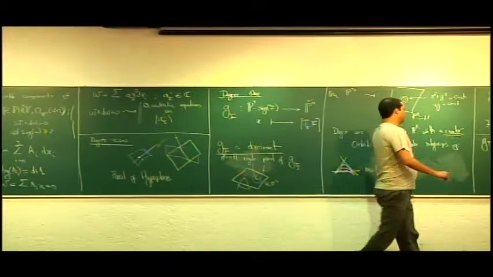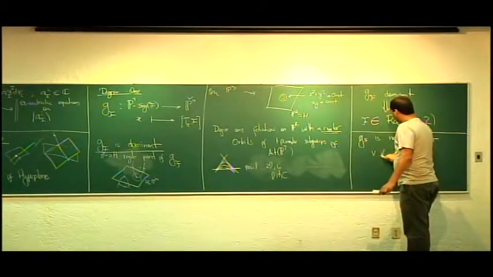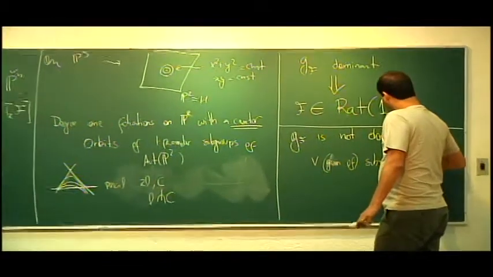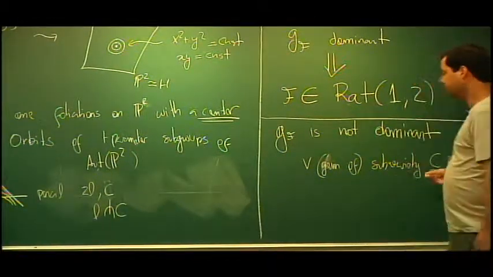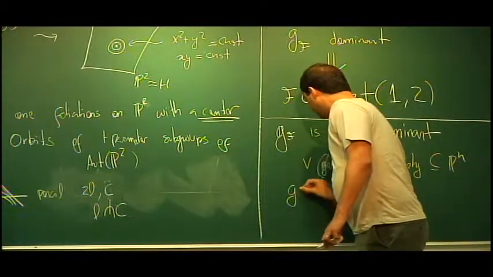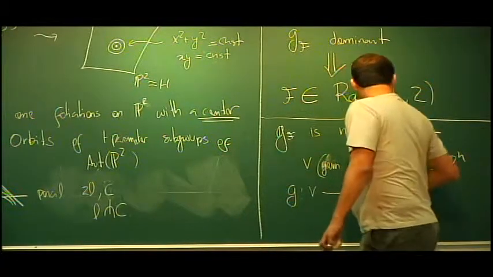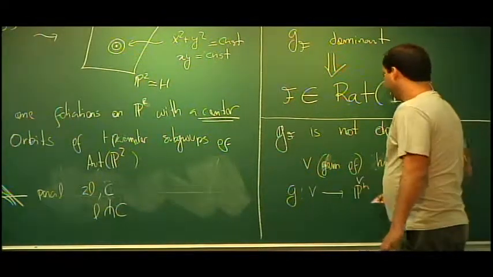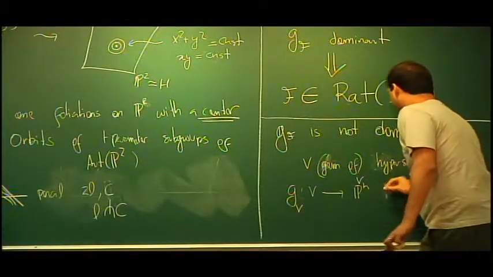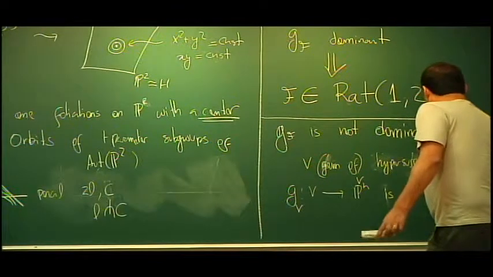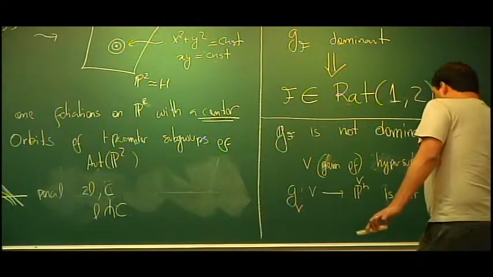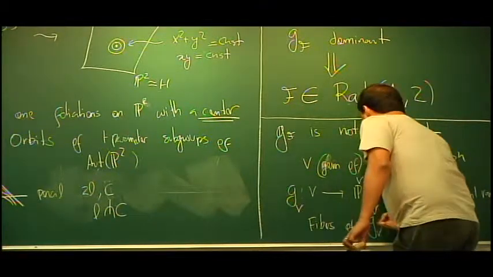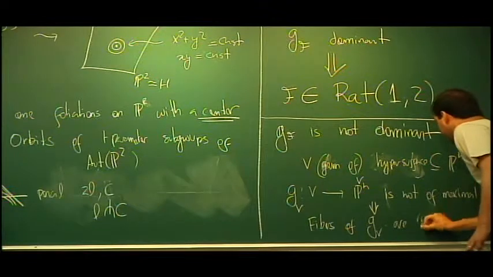For instance, if I have V, a germ of subvariety of Pn, a germ of, say, hypersurface, and the Gauss map of V is not of maximal rank, meaning that at the generic point it is not of maximal rank, then the fibers of GV are linear spaces.